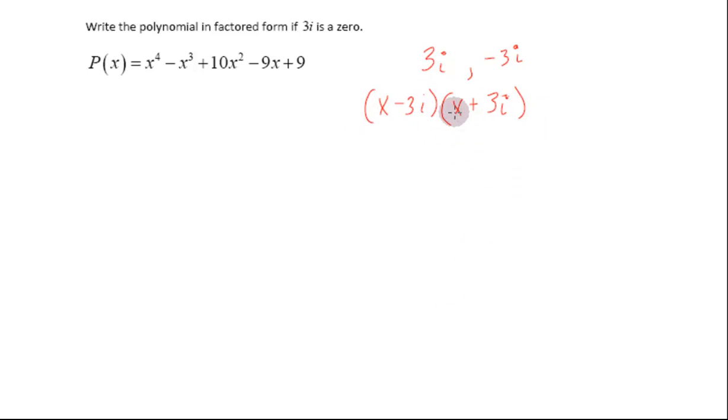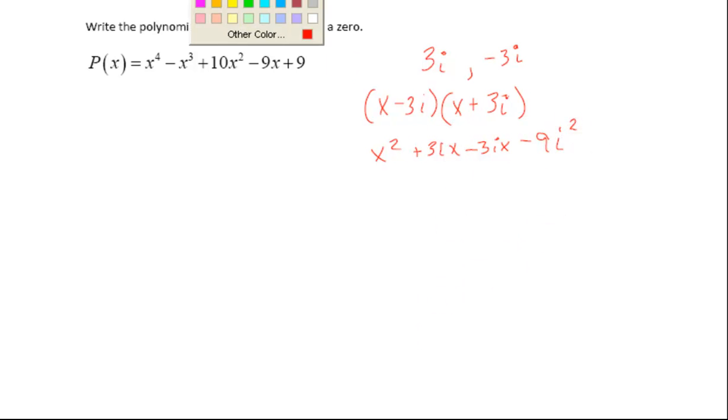And if we do that, we get x squared plus 3ix minus 3ix and minus 3ix and then minus 9, what's that, i squared. Look what happens to these two in the middle, right?